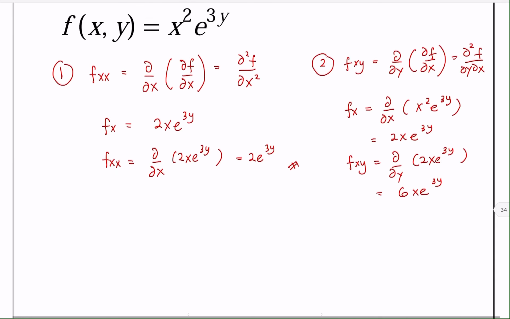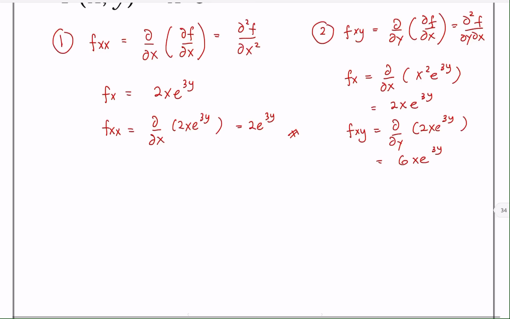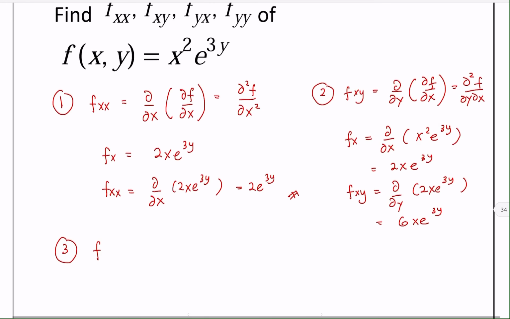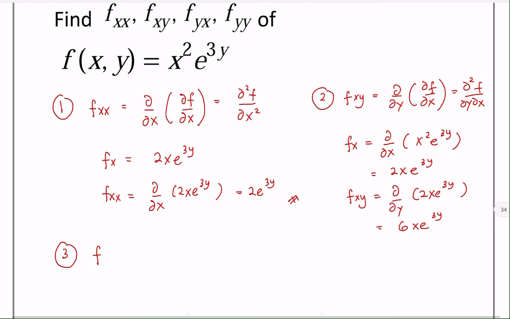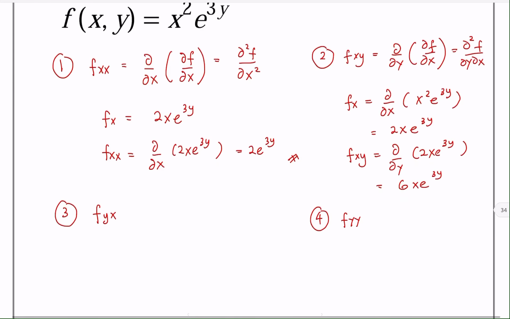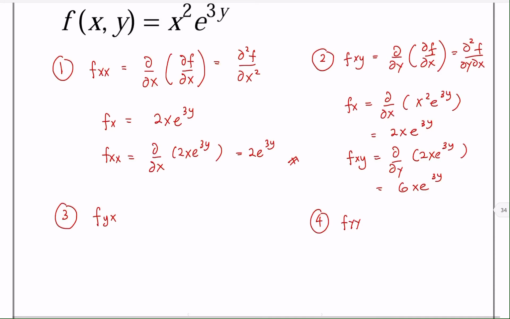So next we want to find fyx, and then number 4 here, fyy. So of course we need to differentiate fy first. So del y of x squared e 3y.